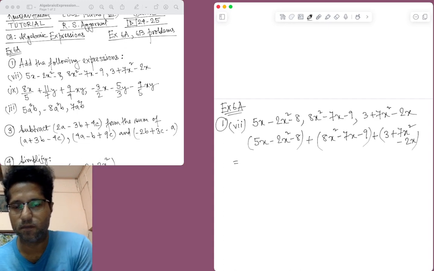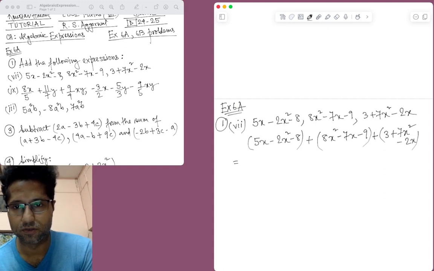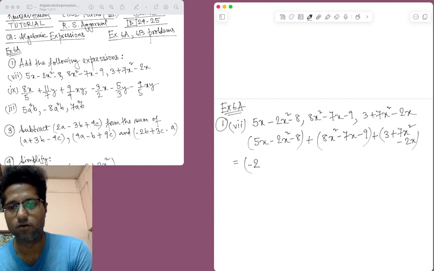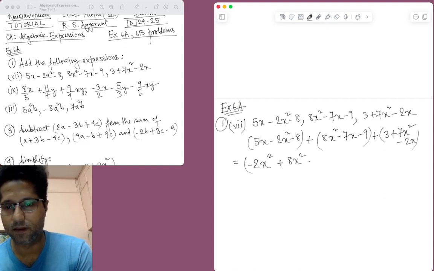Let's first group the like terms which have the common literal coefficient of x square. So if I collect all the like terms with the literal coefficient of x square, this becomes minus 2x square from the first expression, then plus 8x square from the second expression, then plus 7x square from the third expression.